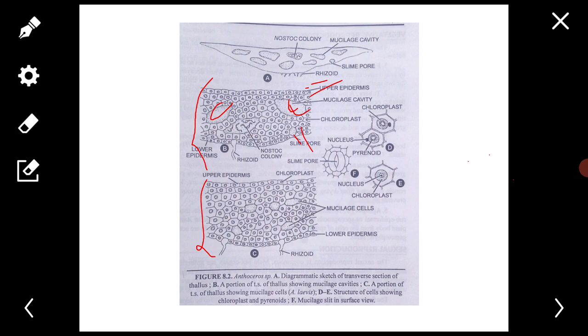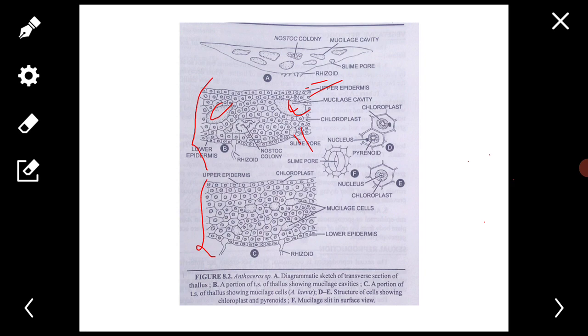However, in some species the mucilaginous cavities are absent. Because of this, the species which do not possess slime pores are placed in a new genus, that is Phymatoceros.